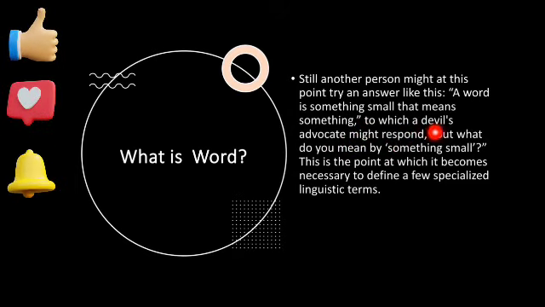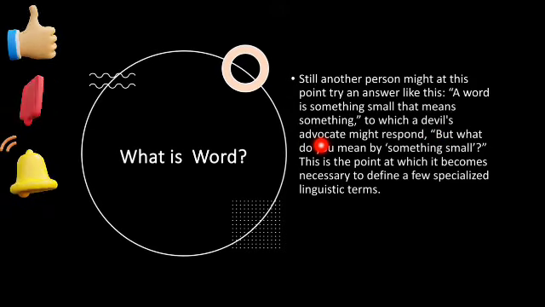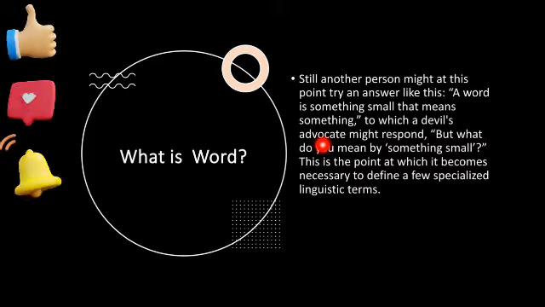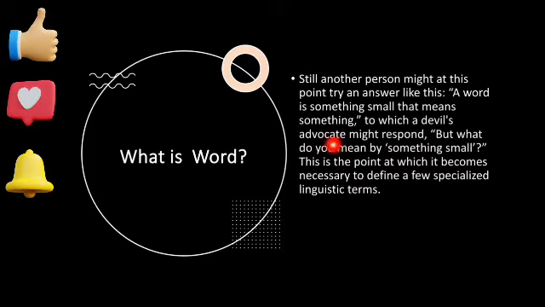A devil's advocate is a person who takes up a contrary opinion on an argument and is all the time opposing you. So a devil's advocate might respond, but what do you mean by something small? If you say small, how can you limit the definition of small, right? What do you mean by the word small?